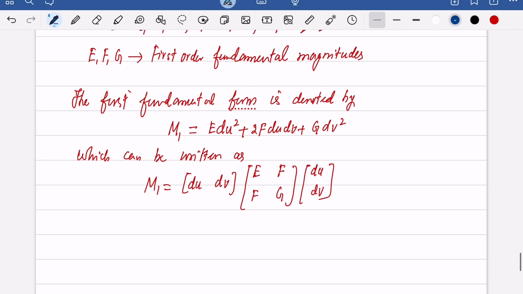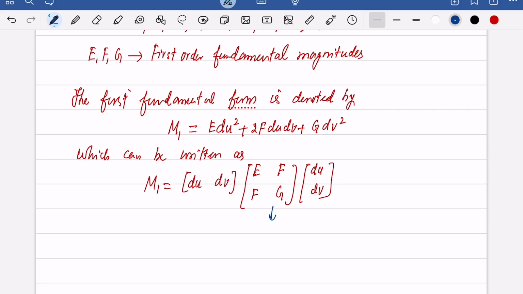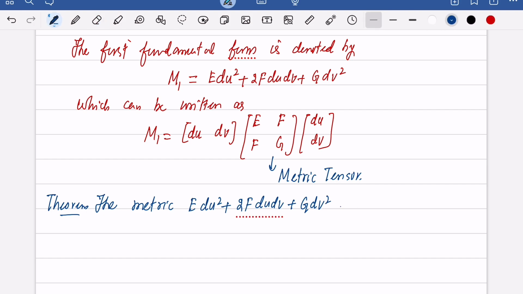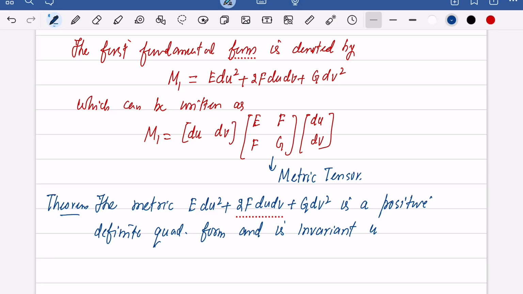Here the matrix of this quadratic form is known as the metric tensor. We mention one theorem regarding this first fundamental form: the metric E du square plus twice F du dv plus G dv square is a positive definite quadratic form, and is invariant under a proper transformation of parameters.